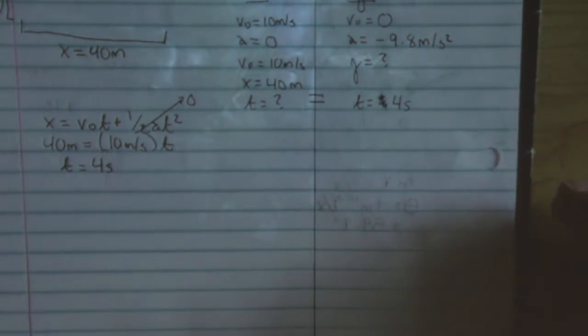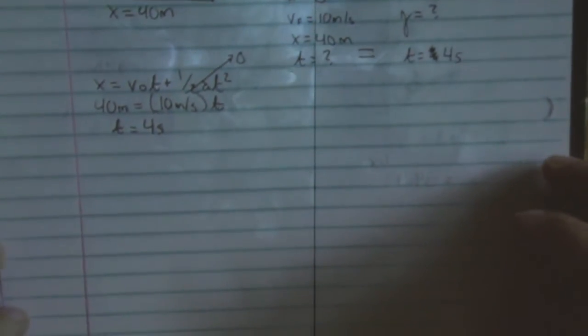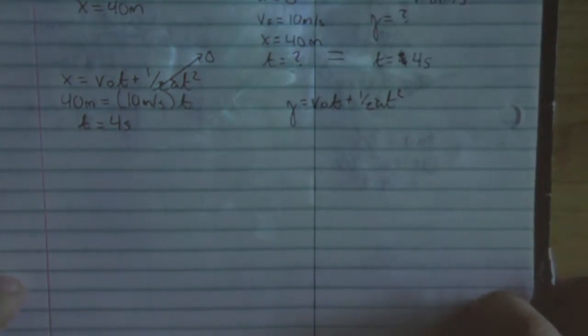We have enough information to solve for y. So for y, we have v naught, a, t, and we want y. So we can use the same equation here. This will give us y equals v naught t plus 1/2 a t squared. Again, quadratic. This one will now go away because your initial velocity in y is 0.